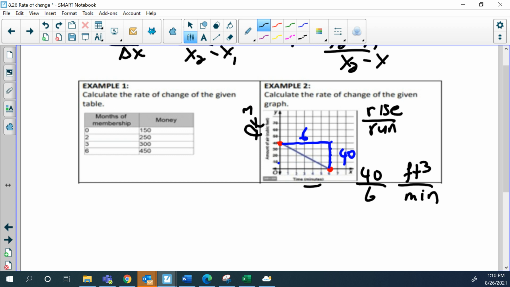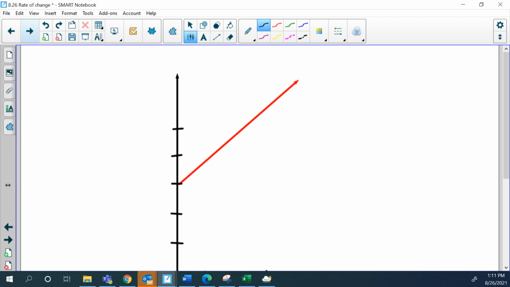And so we can simplify 40 over 6 to 20 over 3 feet cubed per minute. Again, just to clarify, it's the same process as finding the slope. The only difference is I'm adding the units, and the units we get from the y and the x axis. All right, let's move on.